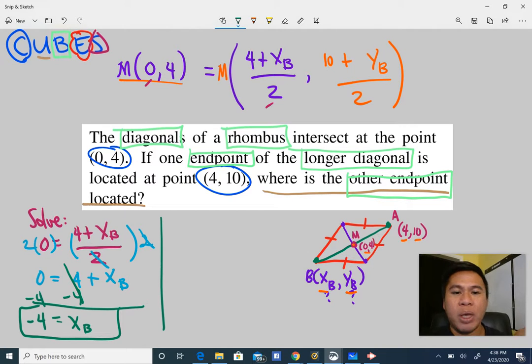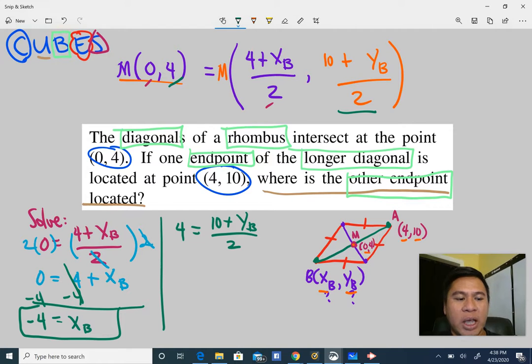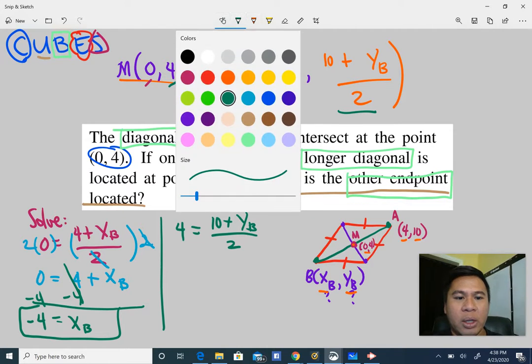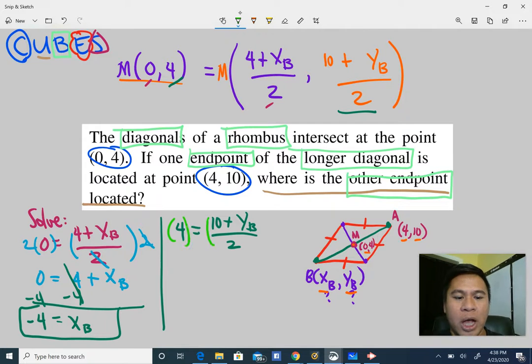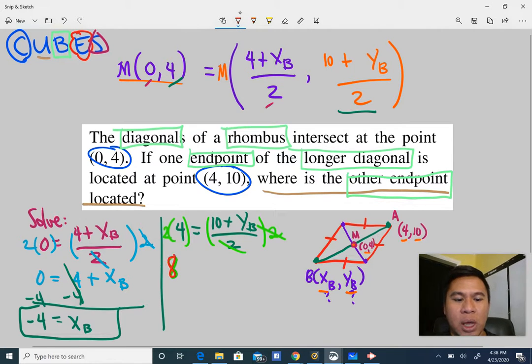Now, to get the yb, I'll do the same. 4 is equal to this y coordinate in here, which is 10 plus yb all over 2. The same with what I did with the x value, I will multiply first both sides by 2 in order to cancel the 2 on the right. So 2 times 4 on the left will be 8. Again, that will be 8 is equal to 10 plus yb.